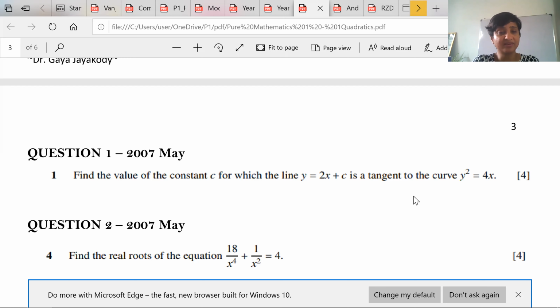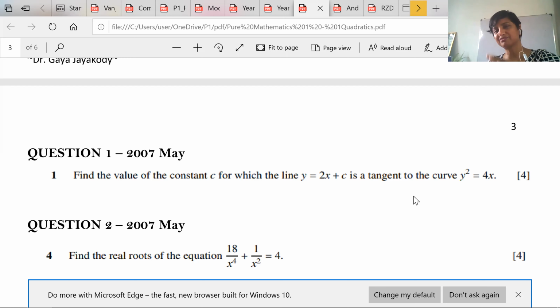So what do we have here? We have to find the value of the constant for which the line is a tangent to the curve. Now notice that constant c is the y-intercept of the line. So by changing the intercept, you can move the line anywhere you want on the grid. You can't change the slope, but by putting different values for c, you can move it up and down.